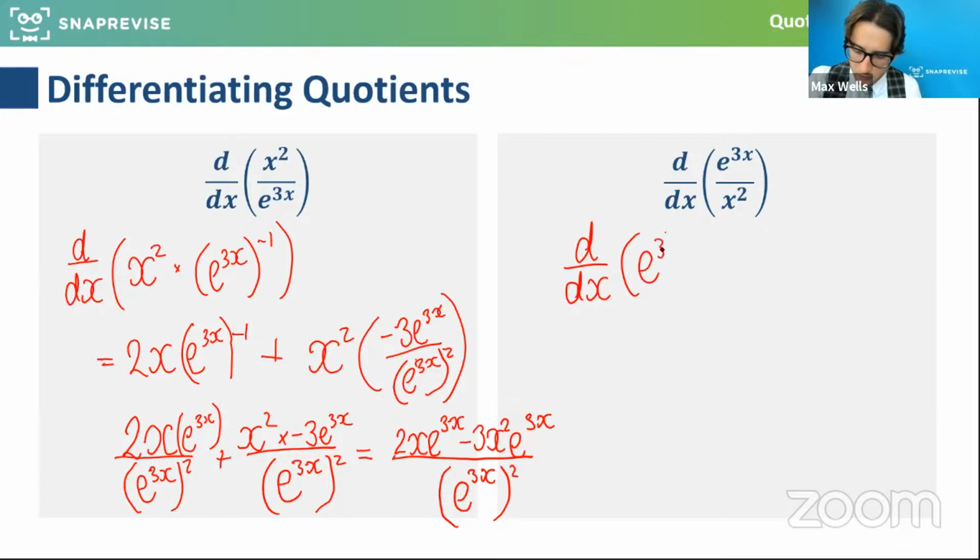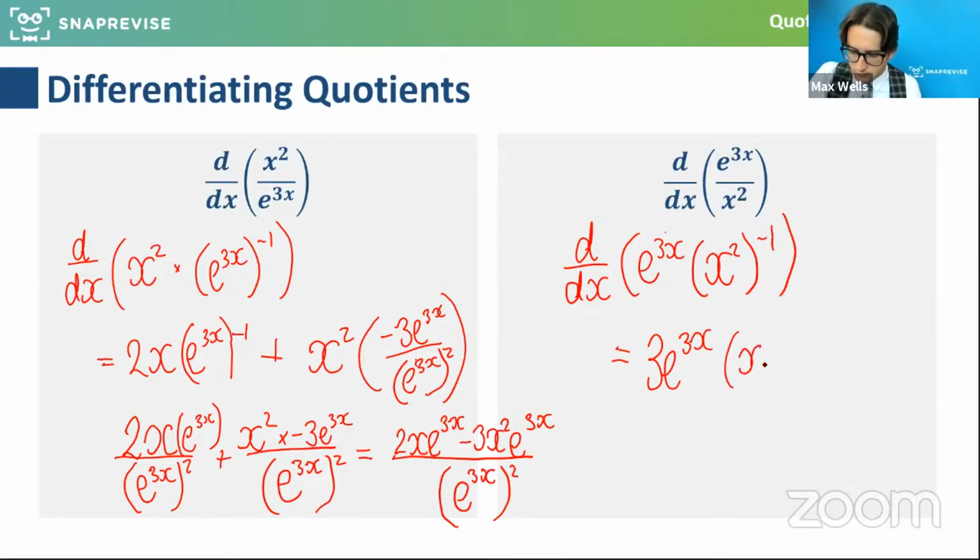So what we have is this one would be like e to the 3x times x squared to the minus 1. So again, it's a chain and a product. So you could differentiate one, times it by the other, plus the other way round, which would be keep that as it is, and times by the derivative of the other one, which would be minus 2x over x squared squared.